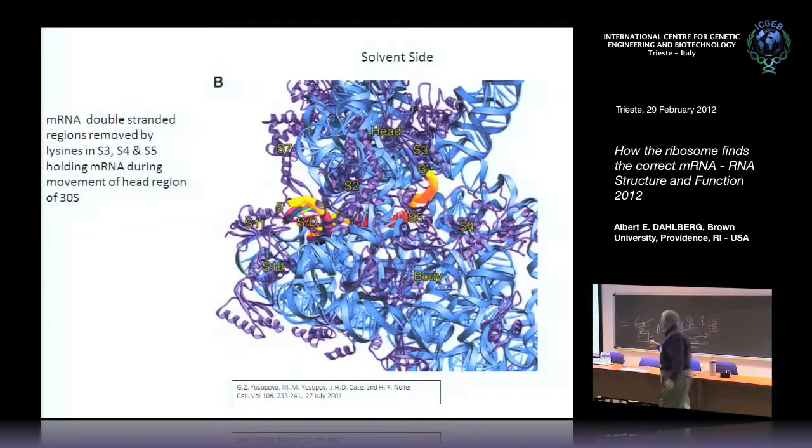The interesting thing about these 3 proteins is it looks like they have some kind of helicase activity. At least they're able to open up the secondary structure of the ribosome. They have a number of arginine residues, which will interact with the sugar phosphate backbone of the message and form an interaction sufficient that it holds the message on the outside here.